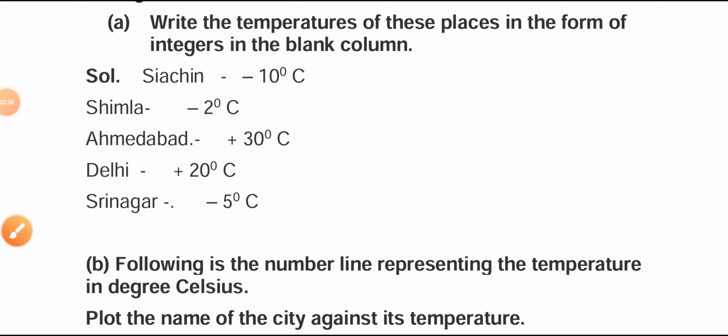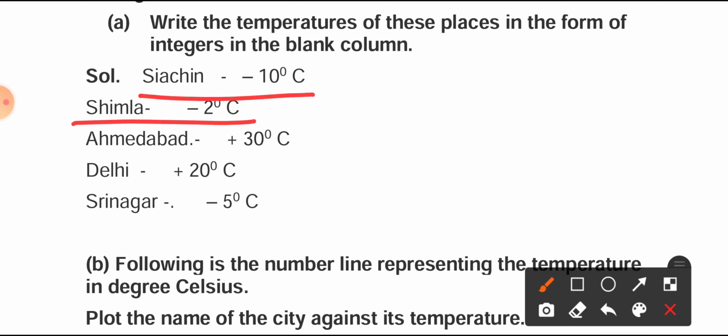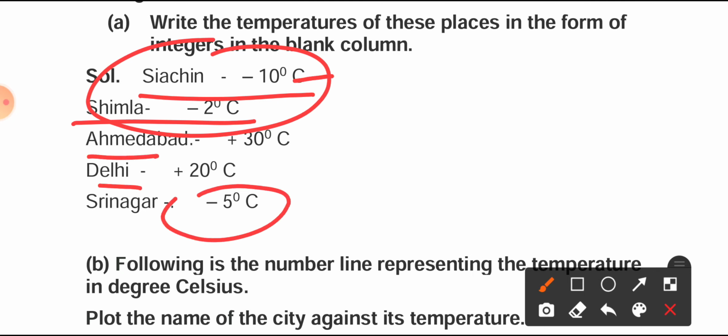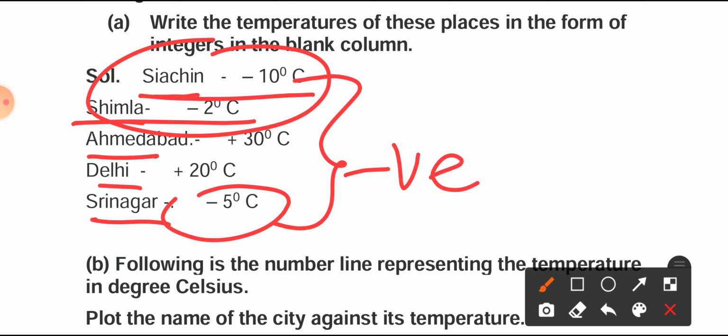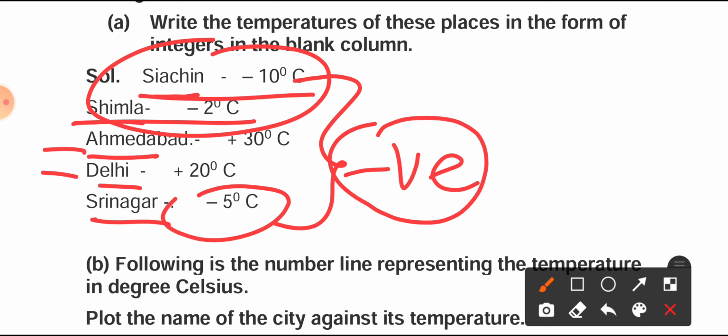So here we can see that Siachen and Shimla both have a lower temperature than Ahmedabad and Delhi, and Srinagar also. The temperatures of Siachen, Shimla and Srinagar are all given as negative. It means they all have a lower temperature than Ahmedabad and Delhi.